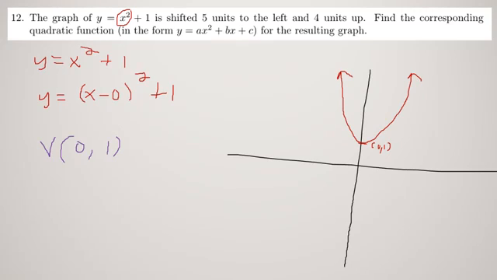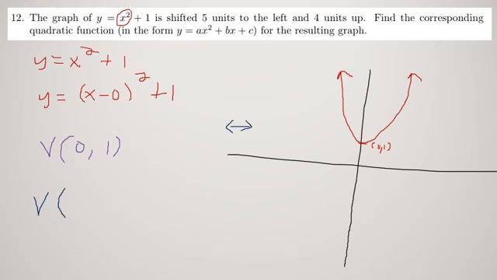Now, shift mo yung vertex, or mas madali, shift mo yung vertex na shifted 5 units to the left. Pag left or right, x-axis yan. So, kung to the left, negative. Right? So, shifted 5 units to the left.